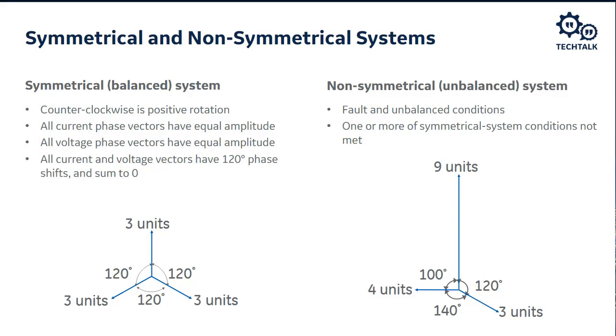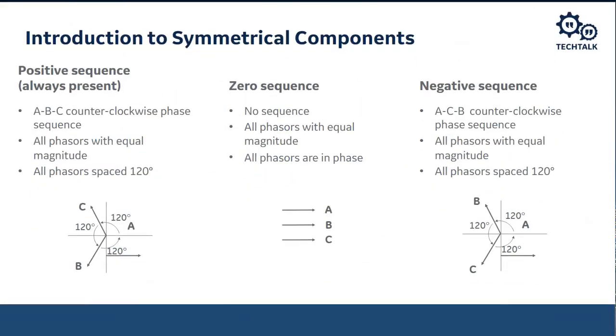So in our context, it wasn't n, it was three, because we generate and transmit, and in many cases consume, three-phase electrical energy. So since we've got a three-phase system, this mathematical technique can take that unbalanced system and turn it into three balanced systems.